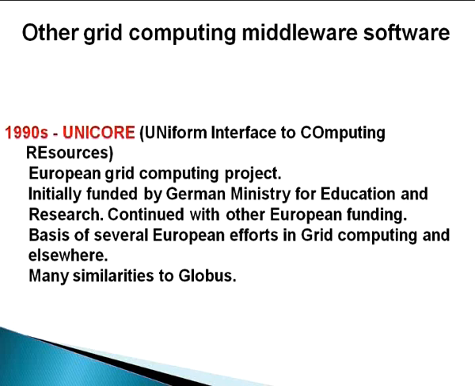These European grid computing projects were initially funded by the German Ministry for Education and Research, continued with other European funding, and became the basis of several European efforts in grid computing and elsewhere. Many of these projects were similar to Globus, which we have just discussed.